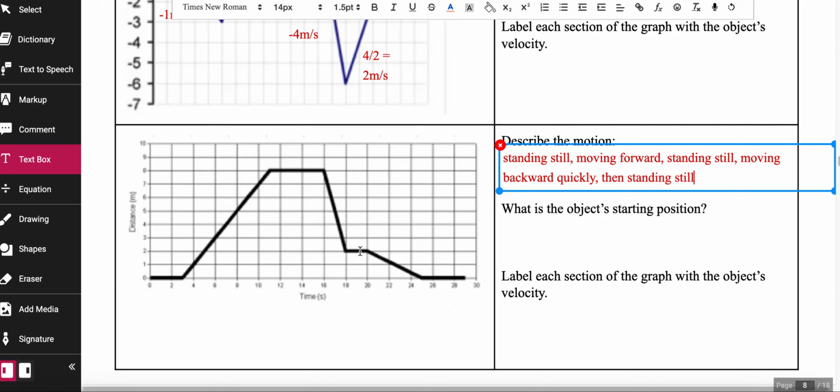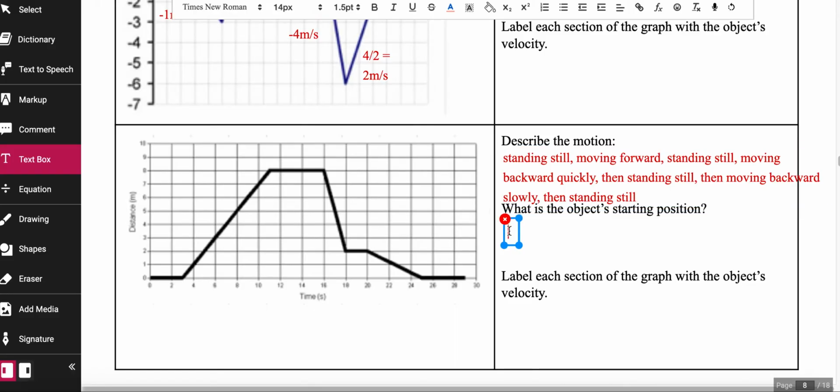Okay, so that brings me up to right here. Then moving backwards slowly, then standing still.